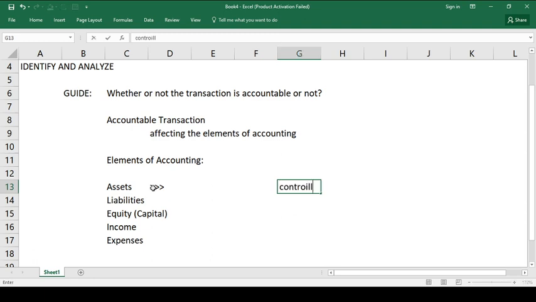Okay? This is the first characteristic that we can identify, whether the thing is an asset or not. Una, an asset is a controlled thing. Ibig sabihin, the company, the business organization, or you yourself as the proprietor of a business organization, you control that thing. Ibig sabihin, you have the control over that thing.